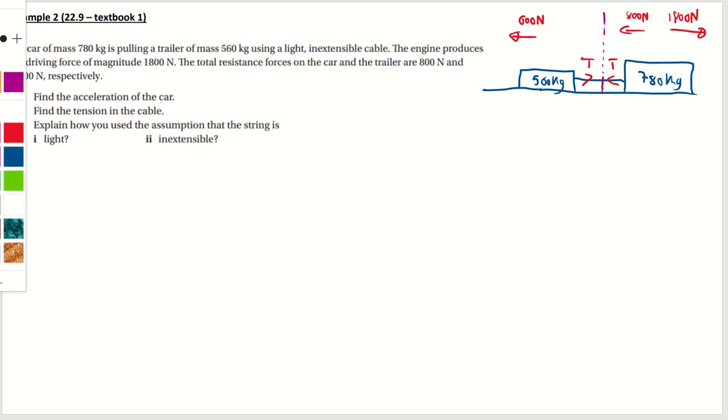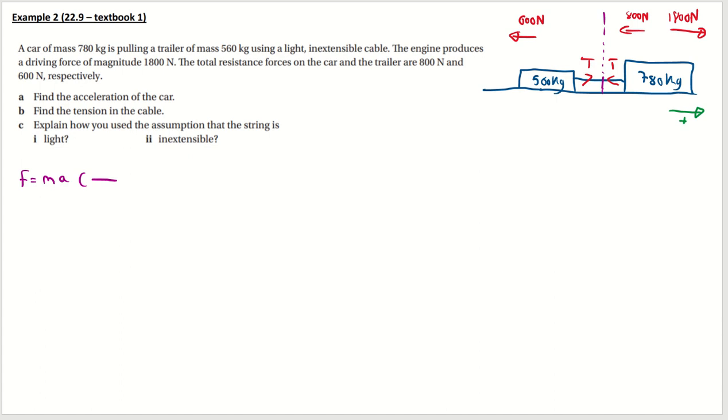So that's my positive direction. Then we're going to look at three different things, before we start looking at parts A, B, C. It's the F equals ma, the forces acting to the right on three different things.